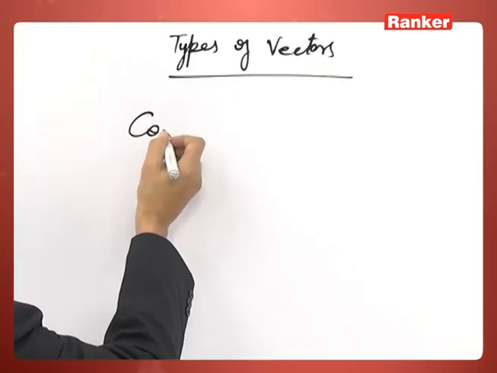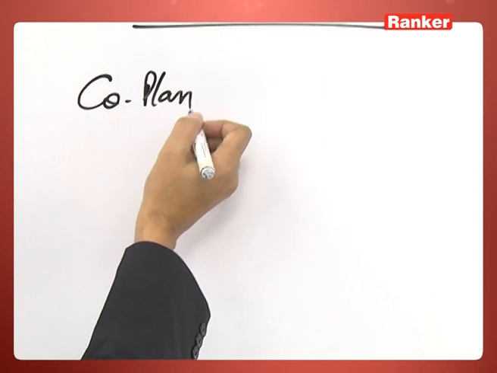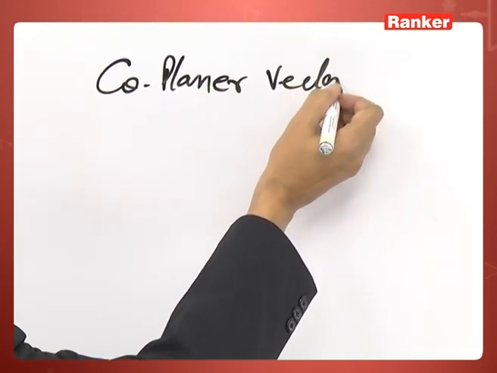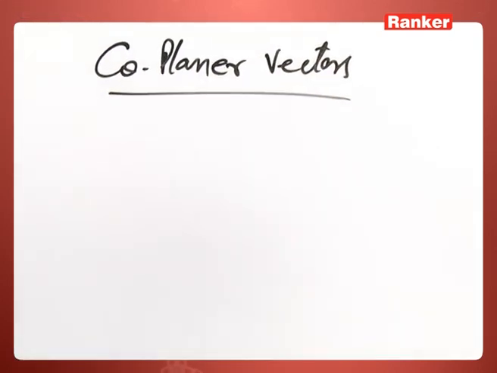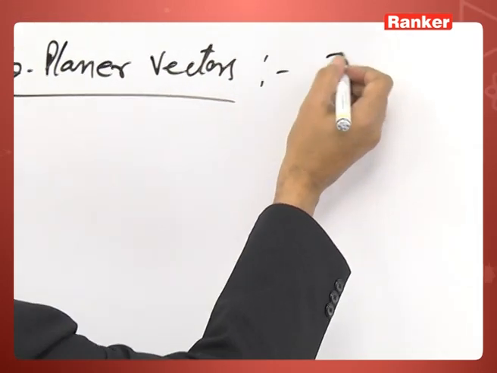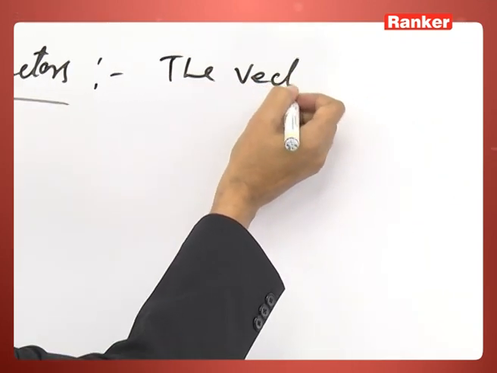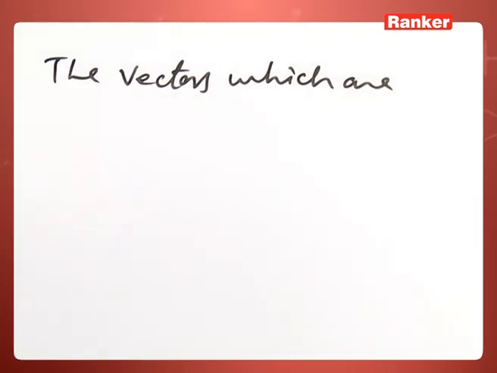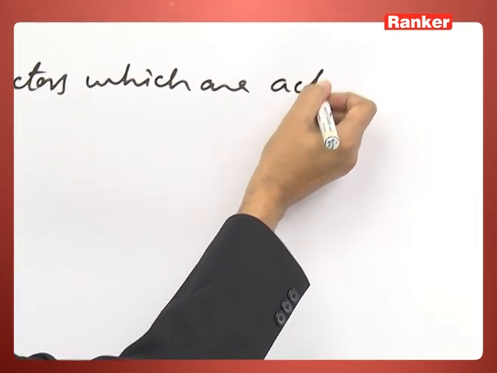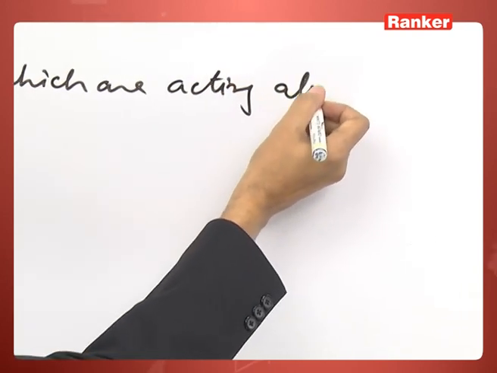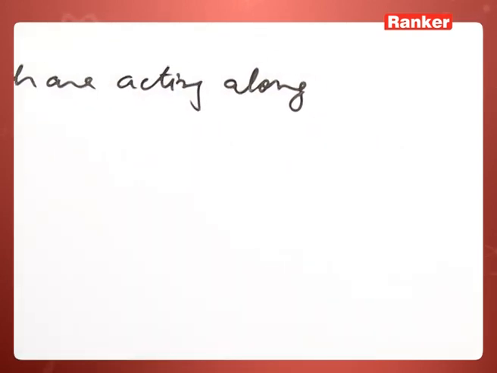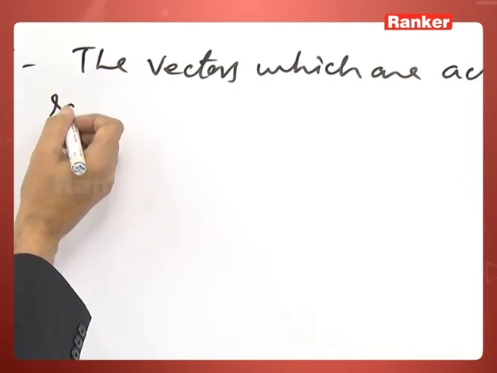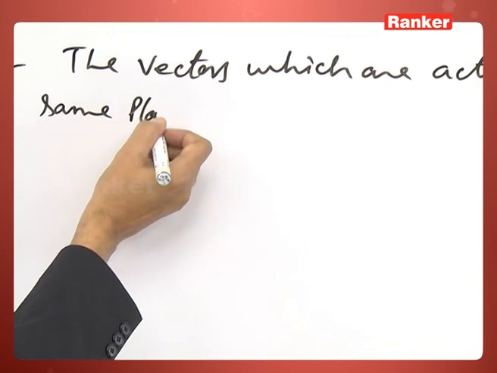Next is the coplanar vectors. Coplanar vectors are the vectors which are acting along the same plane.